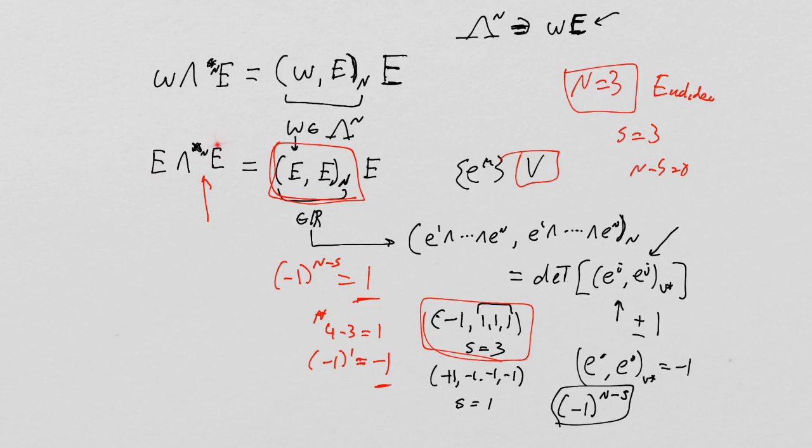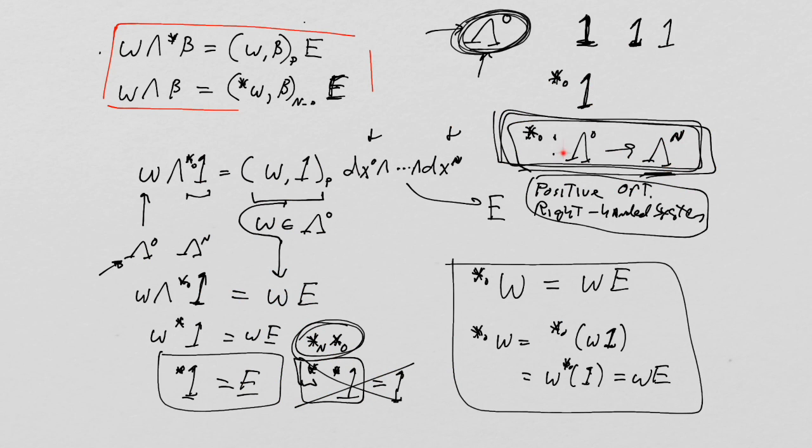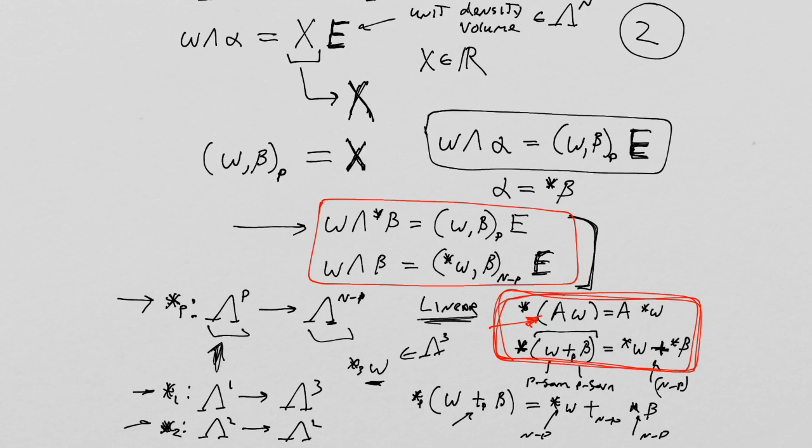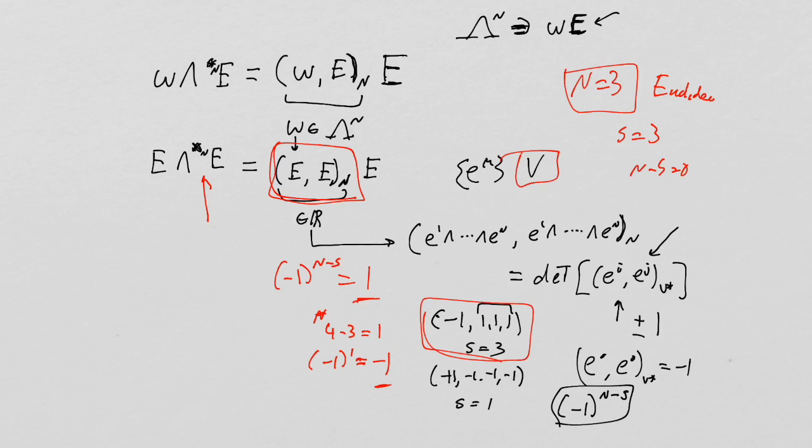this only makes sense, of course, if the Hodge dual is a 0 form, right? But of course the Hodge dual is a 0 form because it's a map from P to n minus P, right? It's a map from P to n minus P. So it's a map from n to n minus n, which is 0, right? So this makes perfect sense.